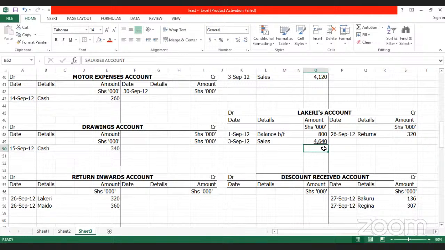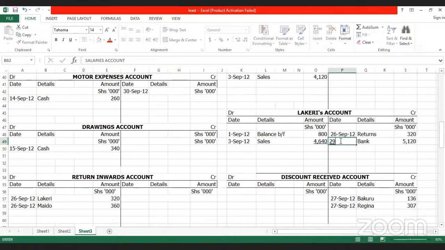5,120,000. So that's what was paid, 5,120. That is on which date? The details is bank. That is on 29.